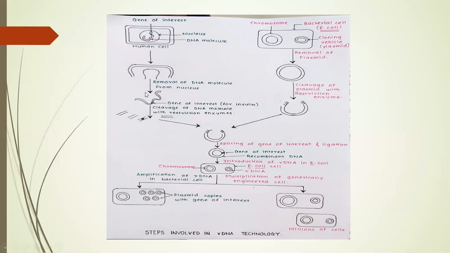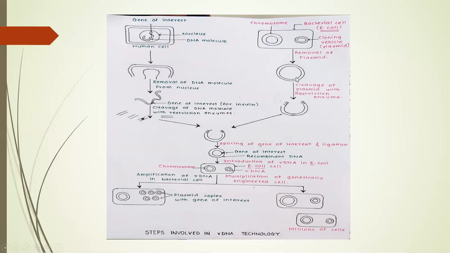In the third stage, the specific gene of interest is cut with the help of a particular enzyme, that is a restriction enzyme. The gene of interest is spliced, linked or joined to the cloning vehicle such as a plasmid. The plasmid we obtain from the bacterial cell, Escherichia coli, is nothing but a cloning vehicle, and it is the extrachromosomal material present in the bacterial cell.